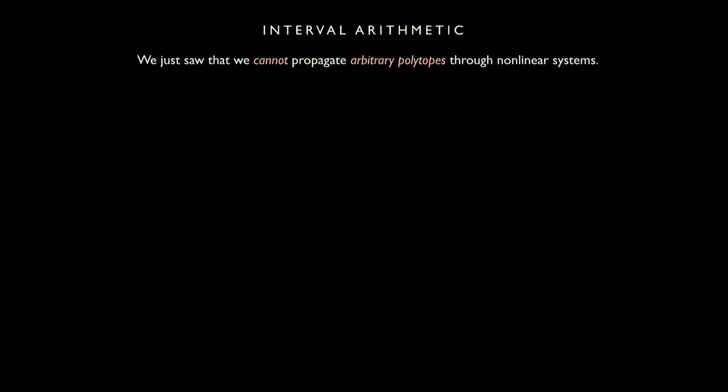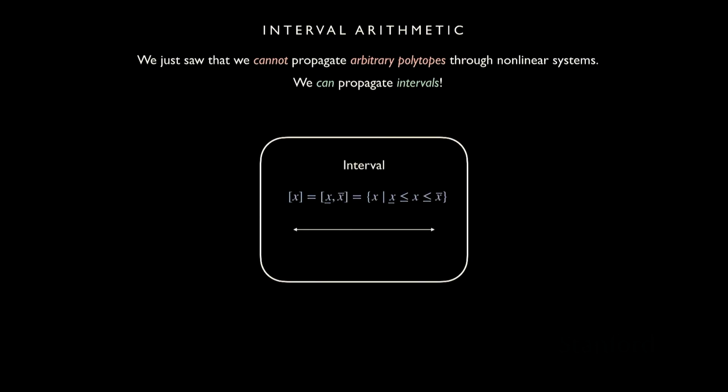So, like I said, we just saw that we can't really propagate arbitrary polytopes through nonlinear systems. But it turns out one thing that we can do is propagate these things called intervals. An interval is probably exactly what you think it is. We represent intervals like this, where we have some variable x, and we put these 2 brackets on it. That means it's an interval over the variable x.